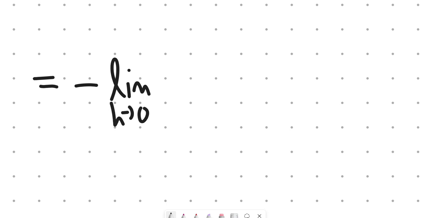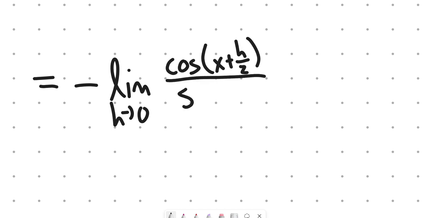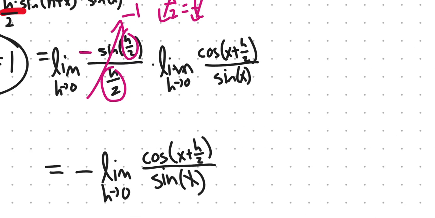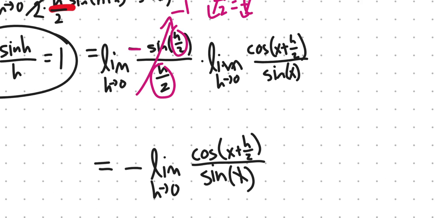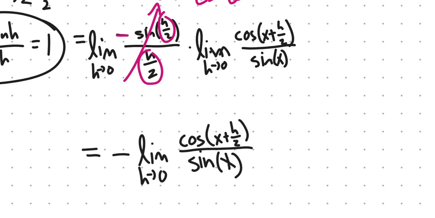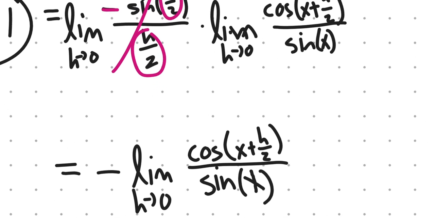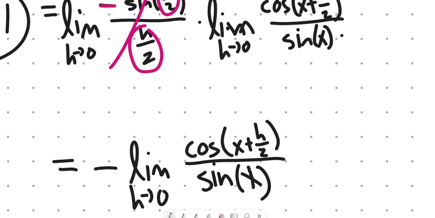So if we rewrite it, we have the negative of the limit as h approaches 0 of cosine of x plus h over 2 over sine of x. And I forgot to put the sine of x plus h into our limit, so this is still sine of x plus h.